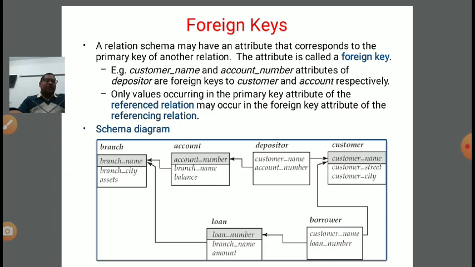And loan is a standalone table, loan number is the primary key. Now depositor is used as a relationship between account and customer, so it is a relation or table for the relationship. Branch, account, customer and loan are for the entities, and depositor and borrower are for the relationships.